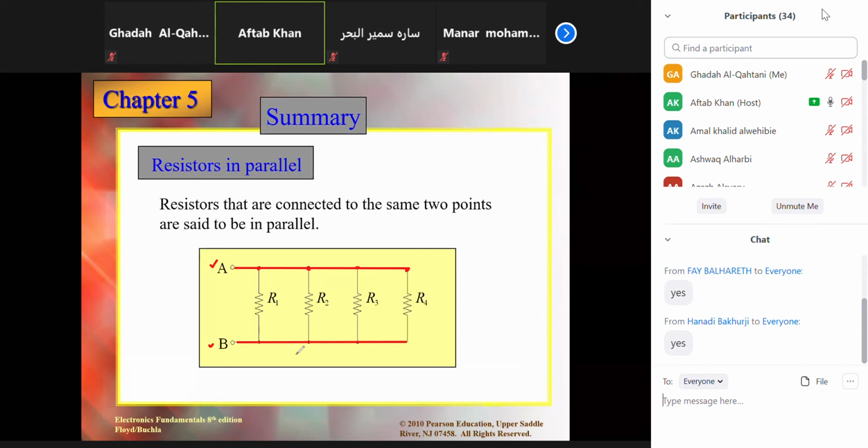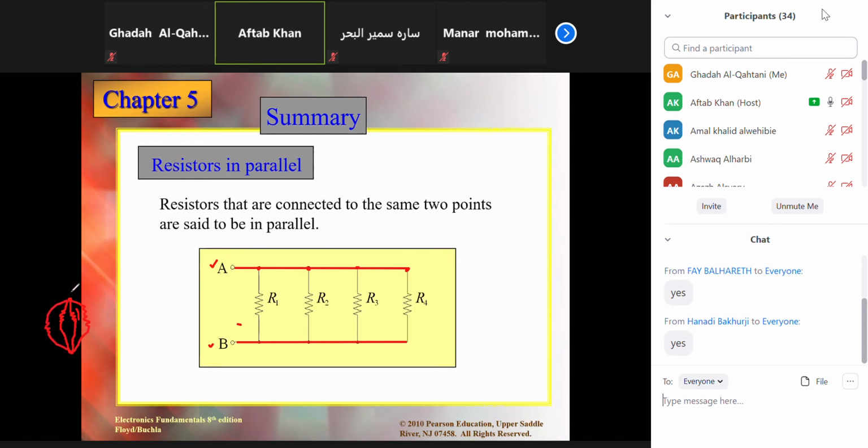Okay, so let's suppose this is point A and this is another point, and this is how they are connected. Suppose this is one resistance connected here, this is another resistance connected here, another resistance connected here, or it could be another one this way.